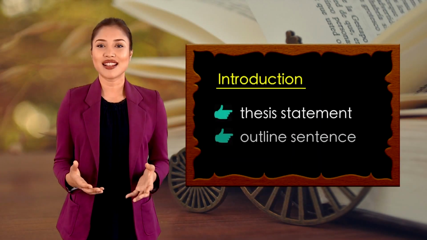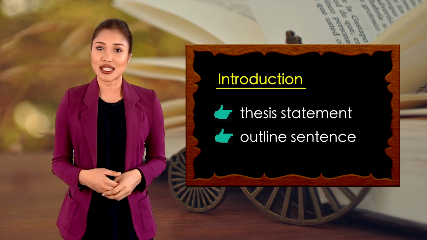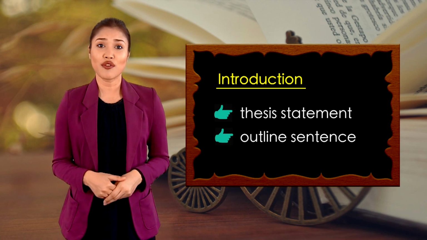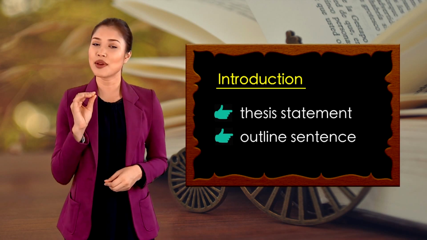For example, you may state whether you agree or disagree with recycling. Then, you provide a short description about recycling. Your outline sentence tells the reader what to expect from your essay. That's all. Do not write a long introduction. Keep it short and simple.